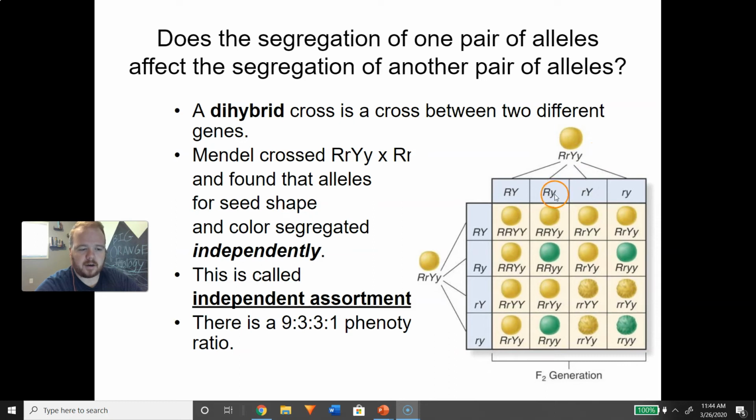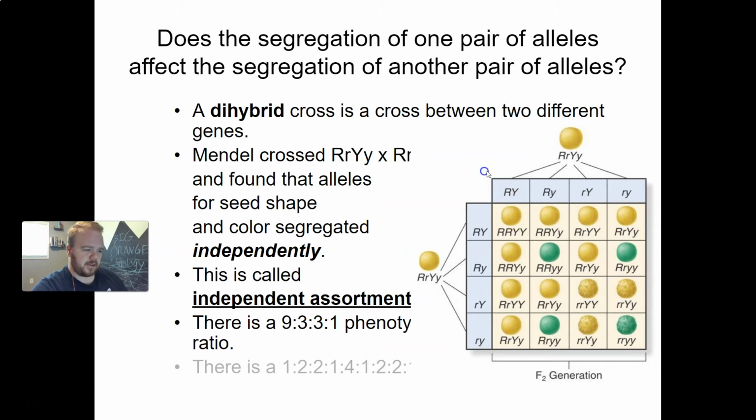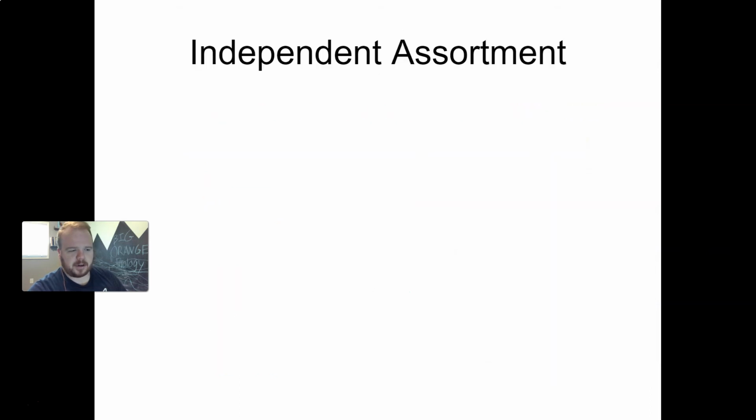Another combination is big R, little y. Okay, it's all the big R's taken care of. This one, little r, can go with big Y, and this one, little r, goes with little y. And that's all the combinations of little r. And that's how you fill these out. And this is what we call a 1-2-2-1-4-1-2-2-1 genotypic ratio. We don't really do genotypic ratios when it comes to these.